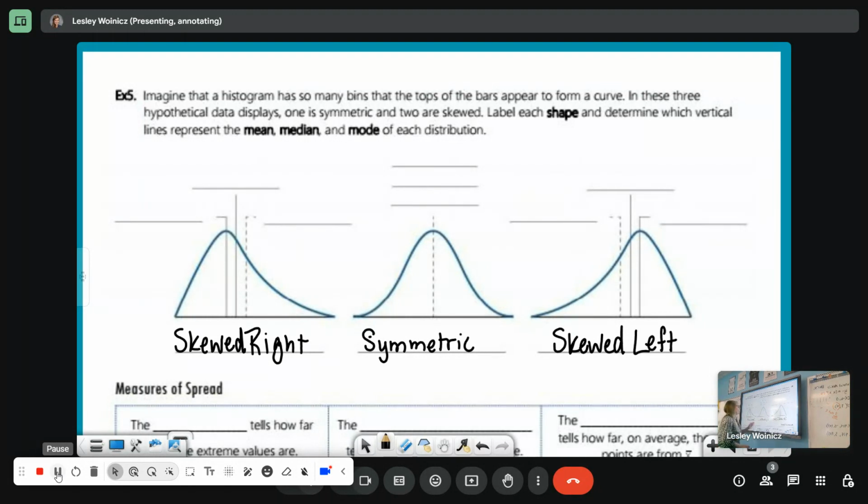When we have a symmetric distribution, our mean, median, and mode are all in the middle in about the same spot.